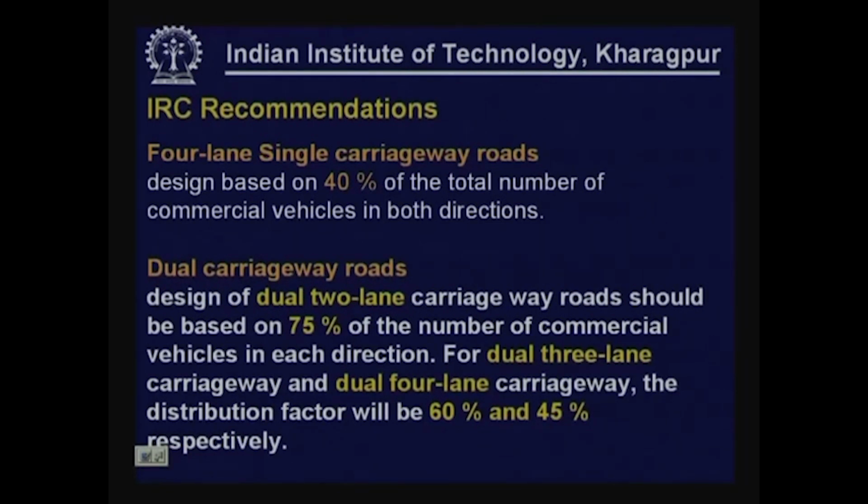Whereas in the earlier case it was 40% of the total two-way volume, in this case it is 75% of the traffic traveling in that direction. For dual 3-lane carriageway, in each direction you have 3 lanes separated, and for dual 4-lane carriageway, the percentage that we have to take is about 60% and 40% respectively.